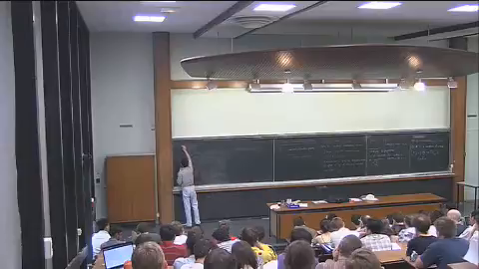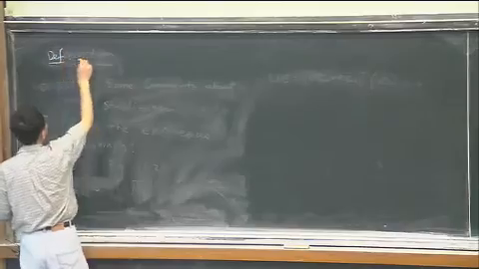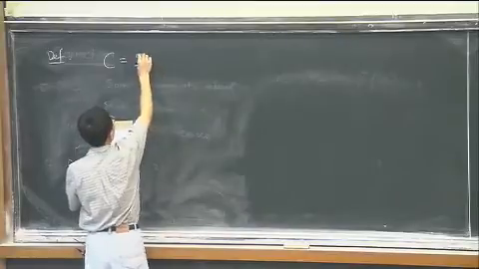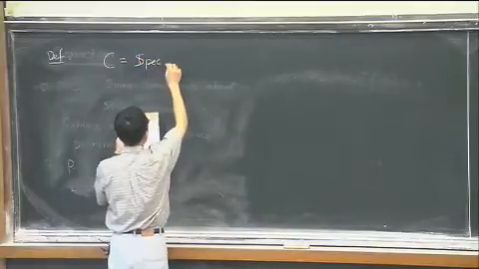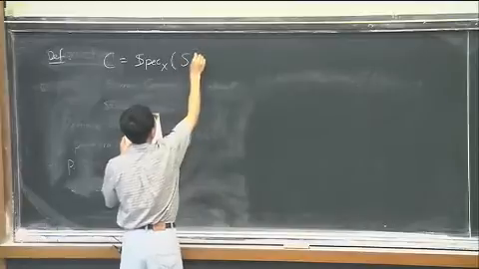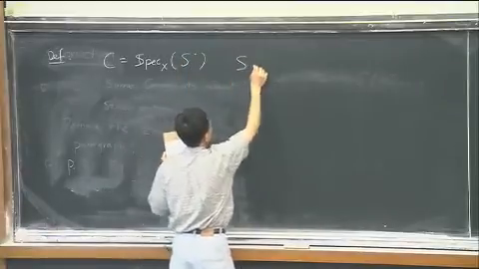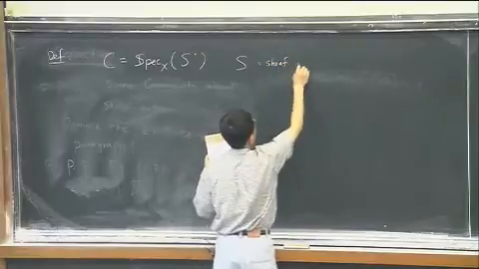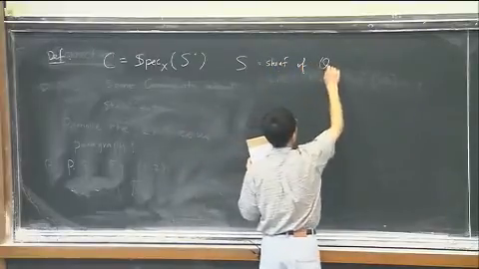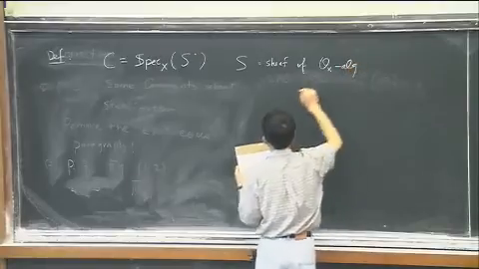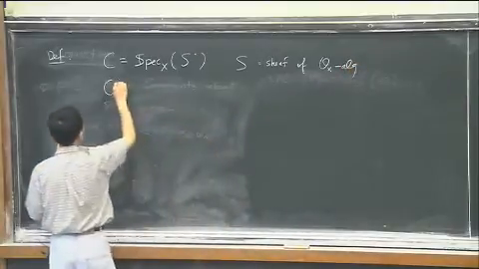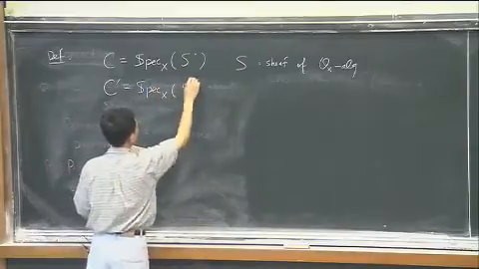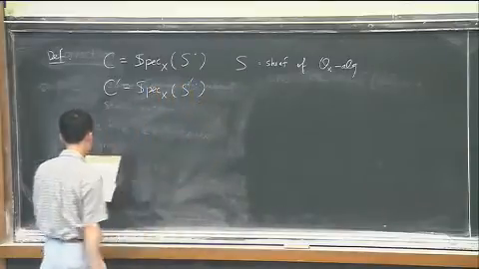So, definition. We first start with two cones, Spec S, where S again is a sheaf of OX algebras, and you have another cone, Spec S prime, the same thing.